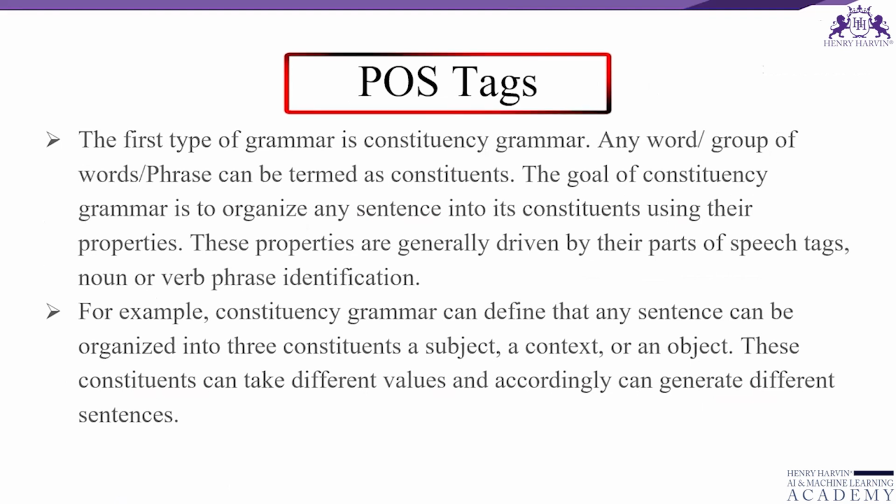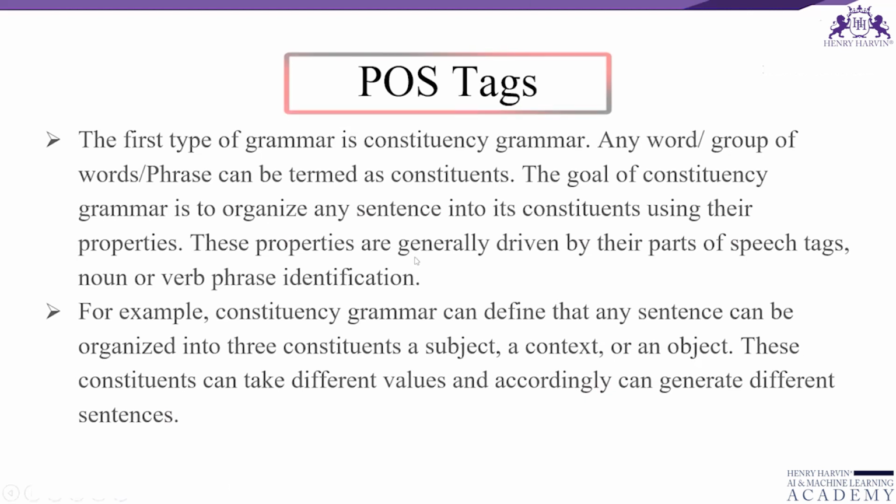So the next one is about POS tags. Again, we are going to understand this in detail. The first type of grammar is constituency grammar. What is meant by a constituent is any word or group of words or phrase that can be termed a constituent.